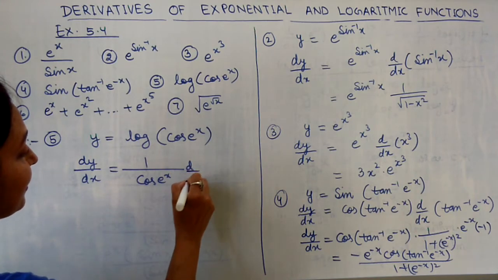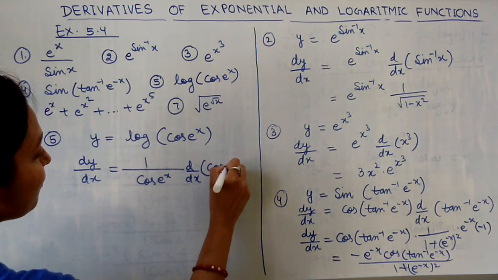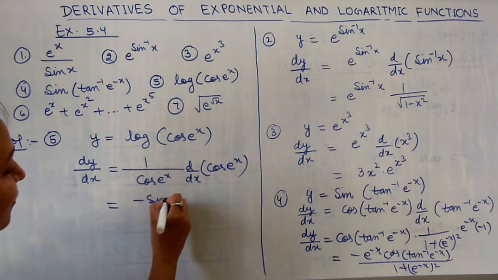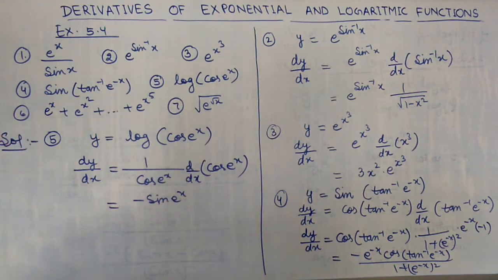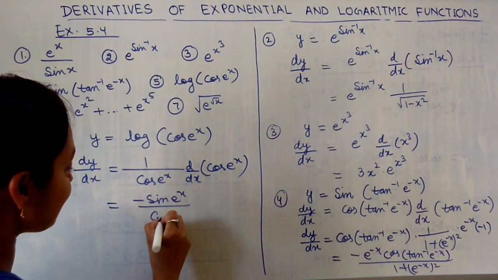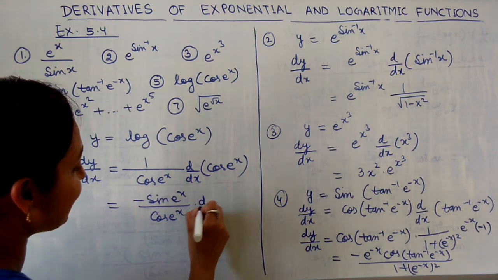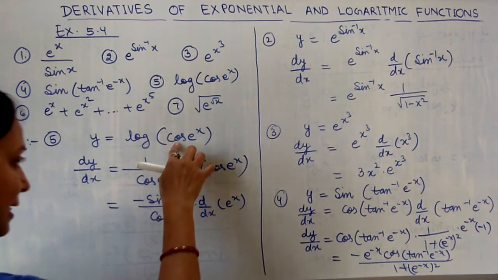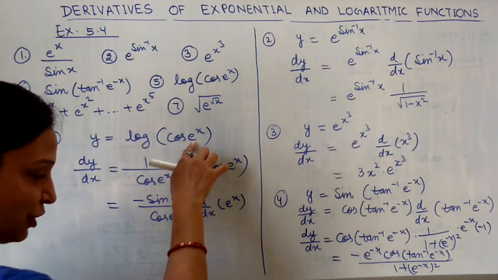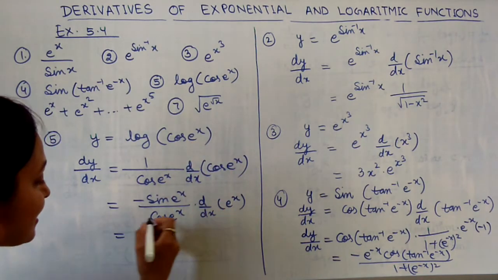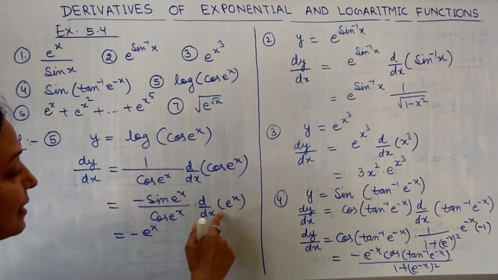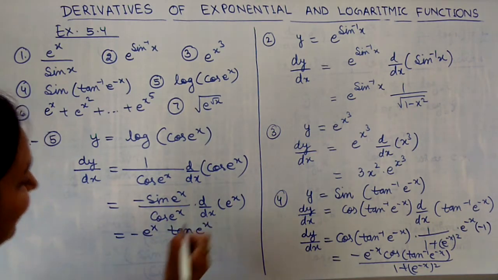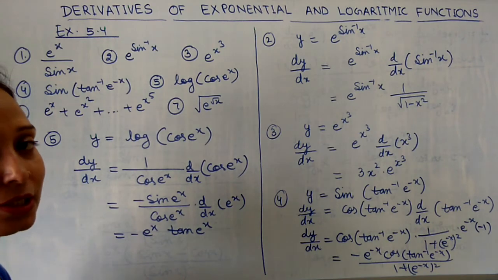And the derivative of cos exponential of x will equal minus sine exponential of x, and further it remains as it is, and then the further derivative of exponential of x. There are 3 functions. One is log, second is cos, third is exponential. The answer becomes minus exponential of x sine exponential of x upon cos exponential of x, that is minus exponential of x tan exponential of x. So this is the way to solve question number 5th.